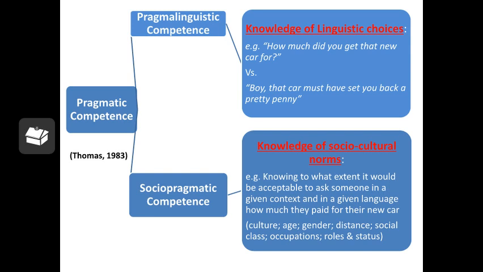Using the concept of these two types of pragmatic competence, Thomas, 1983, explains the mindset of many language teachers when it comes to error correction and pragmatics. Thomas believes that correcting pragmatic failure stemming from sociopragmatic miscalculation is a far more delicate matter for the language teacher compared to correcting pragmalinguistic failure. Sociopragmatic decisions are social before they are linguistic.